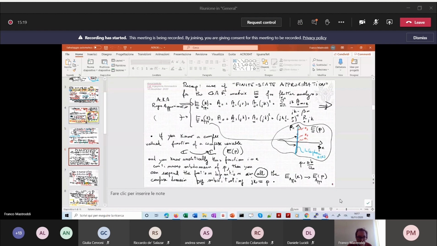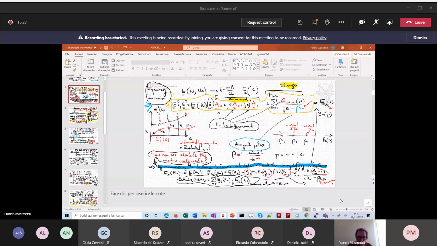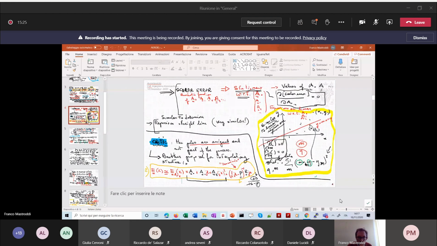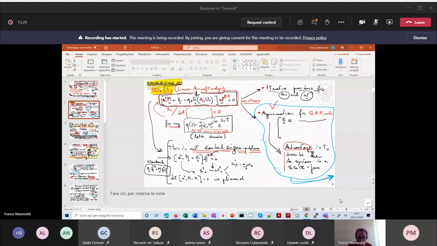In particular, we proposed this alternative approach for the solution of this equation, which is also known as the flutter equation.